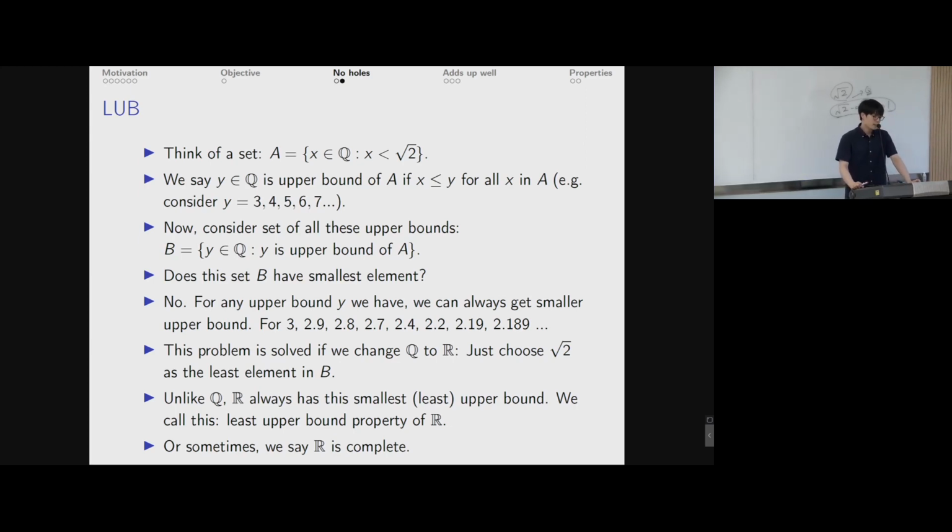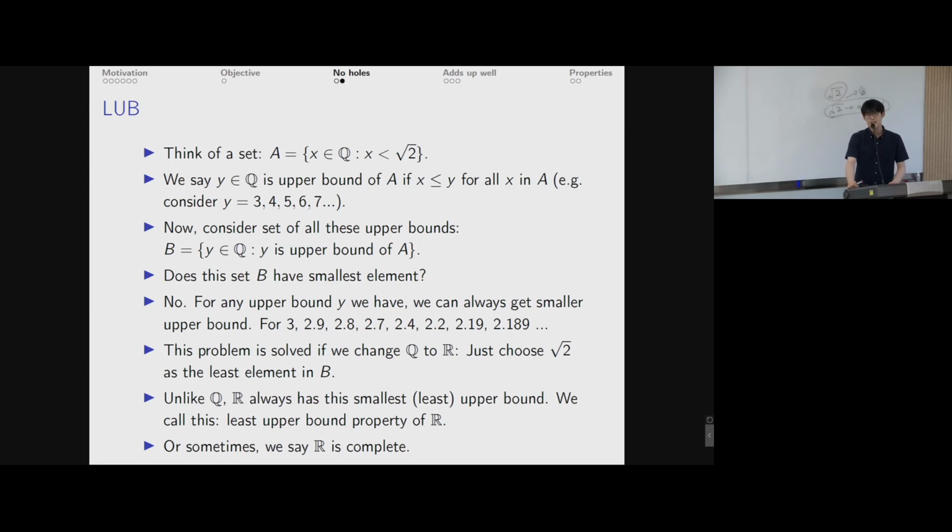So as I repeat again, unlike the rational numbers, the real number system always has these smallest, or now I should say least, upper bounds. And we call this property the least upper bound property of R, or sometimes we call this property the completeness of R. So we call a system like the real numbers complete.